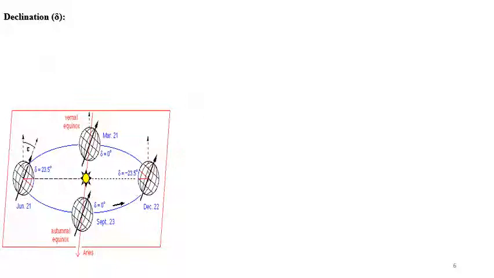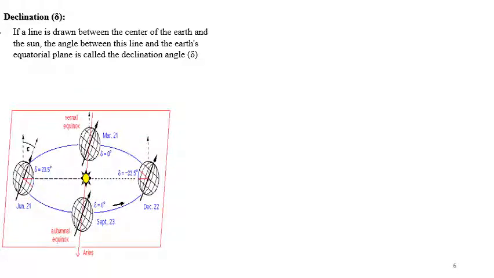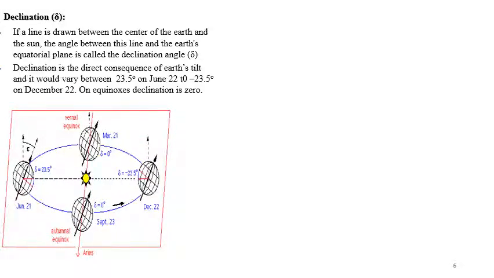This is a direct consequence of the tilt, and it would vary between 23.5 degrees on June 22nd to 23.5 degrees on December 22nd.